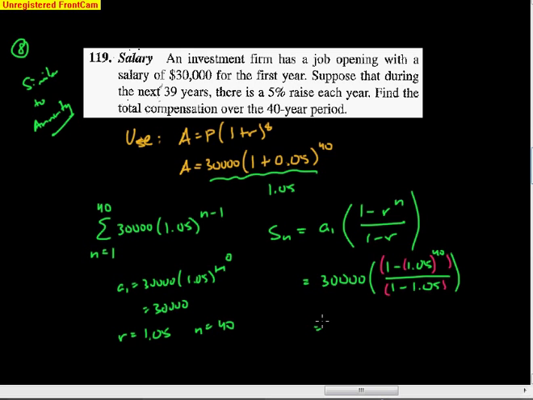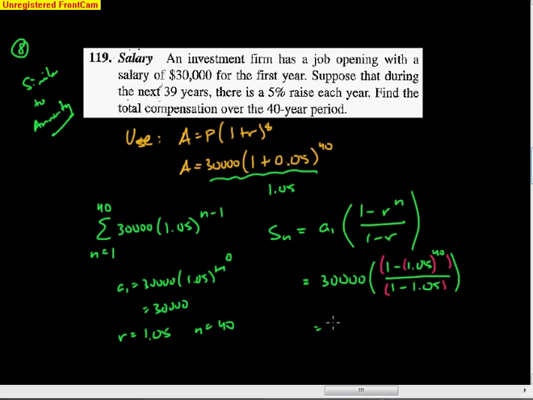So 30,000, parenthesis for the big fraction, parenthesis for the numerator, 1 minus, parenthesis for the 1.05, close the parenthesis for the 1.05, raise it to the 40, and then close the parenthesis for the numerator. So my numerator is done. Divided by, open a parenthesis for the denominator, 1 minus 1.05. Close the denominator's parenthesis, and close the big fraction parenthesis. And you press enter, and you get the big number.